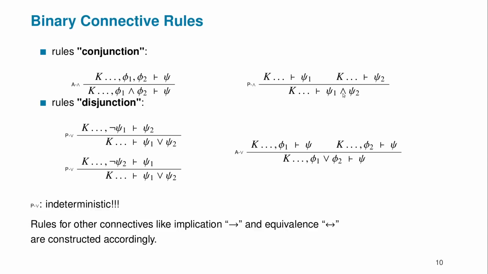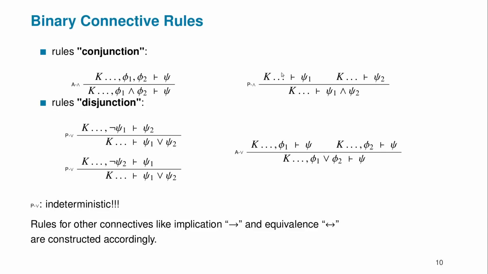It's a bit more tricky if we have a conjunction as a topmost symbol on the right hand side. So what does this mean? If we want to prove the formula psi1 and psi2 and want to show that this follows from some assumption, we have to show that psi1 follows from the assumption and we have to show that psi2 follows from the assumption.